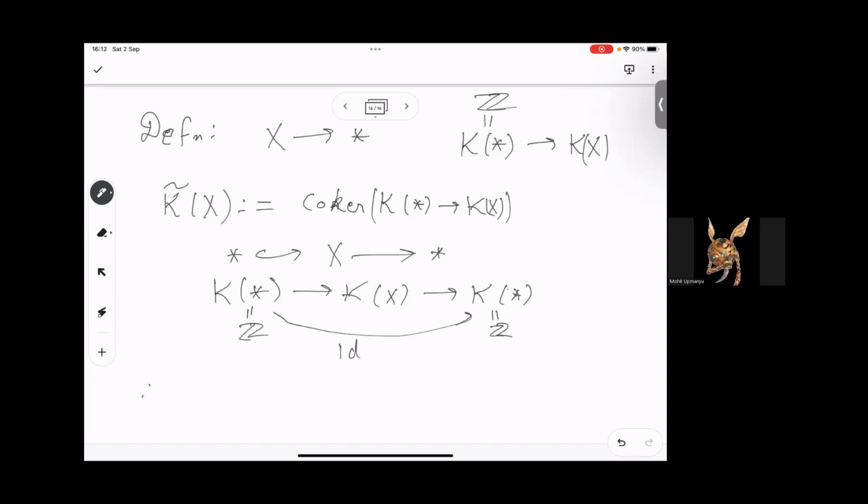Therefore, Kx is in fact isomorphic to Z direct sum K tilde X. This splitting is canonical if X is connected. Otherwise, it depends on the choice of connected component.